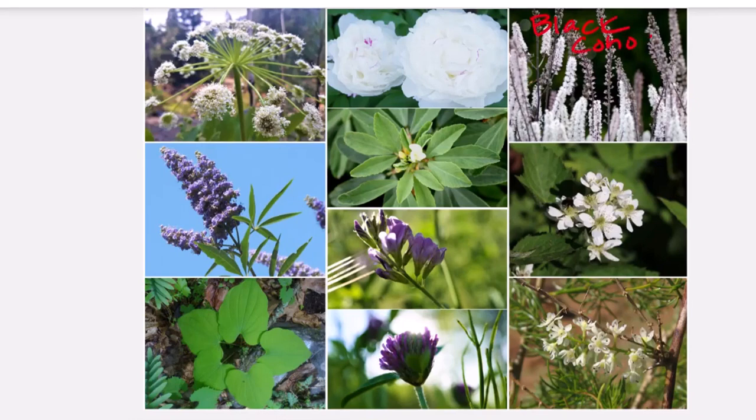I'm not sure of what historical relationship black cohosh may have with men, but certainly it's a plant that is well known for women. And especially, we're talking about different life cycles and levels of estrogen. Black cohosh would be more considered a phytoestrogen, and so would be more useful, especially in mid to later life for females.